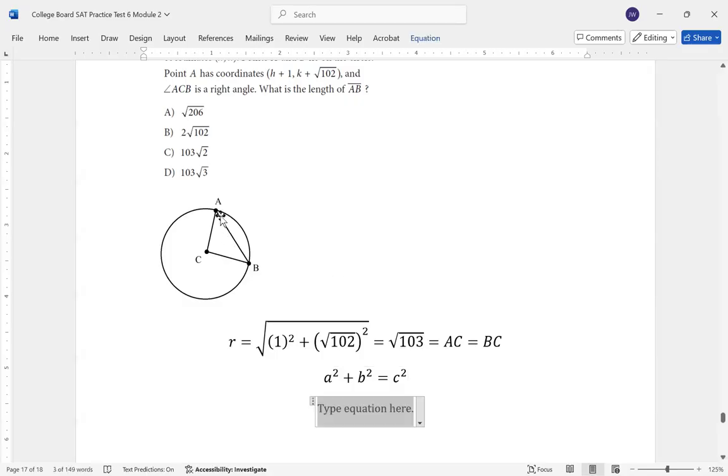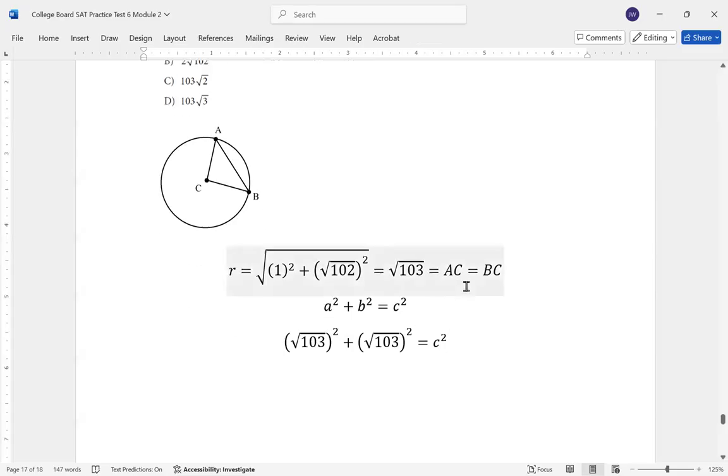Well, leg 1 of the right triangle is AC, which is the square root of 103. So we're going to get the square root of 103 quantity squared plus the other leg length, BC or CB, however you like to say that. That's going to be the square root of 103 as well. And then we're going to square that, and that's going to give me c squared.